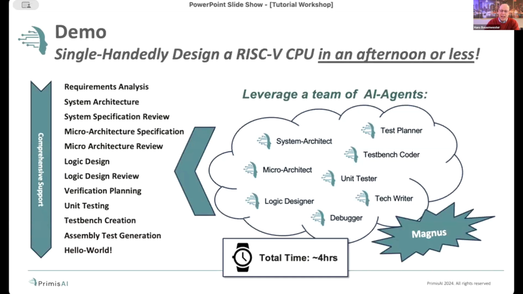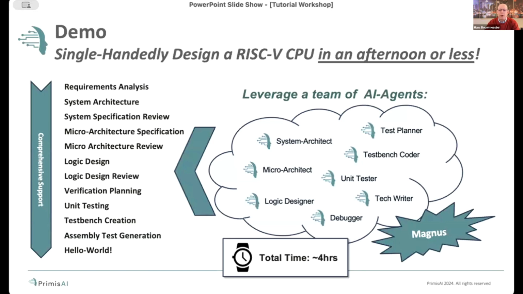What I'm showing here also is that we're going through this flow using a team of AI agents. An AI agent you can effectively see as a domain-optimized AI assistant.